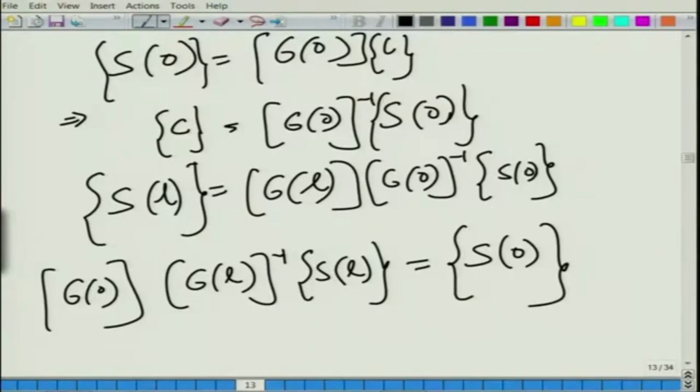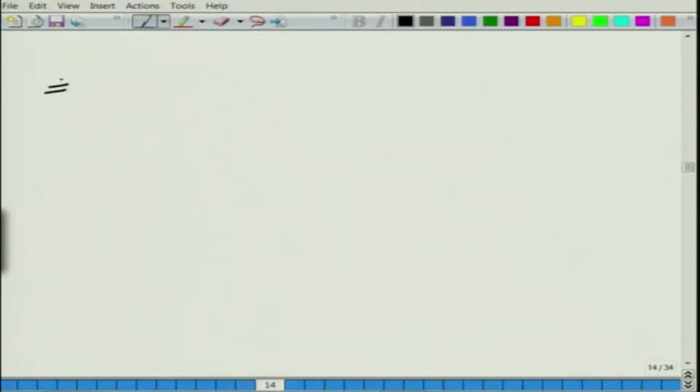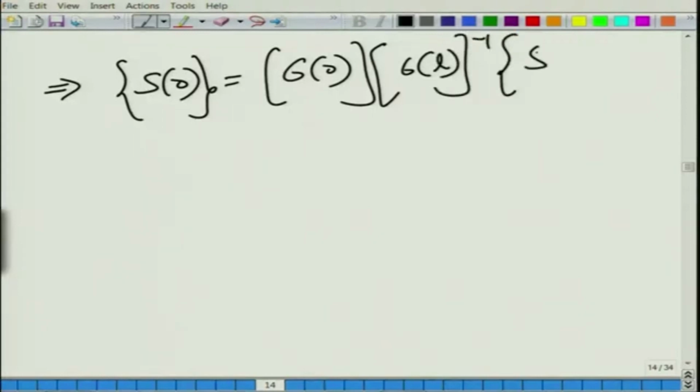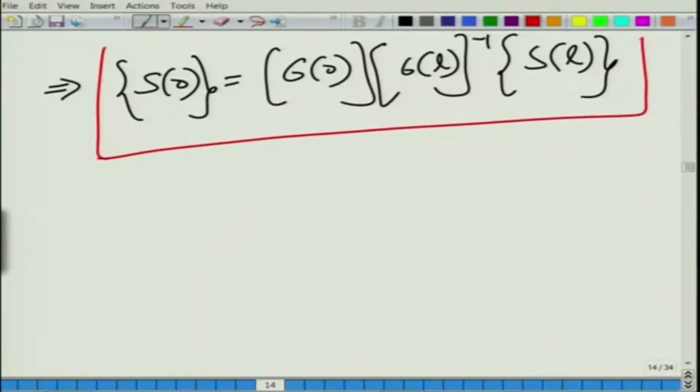So, your S of 0 would become like this. So, basically we have related the state variables at x equal to 0 with those at x equal to L. Here we have done that.